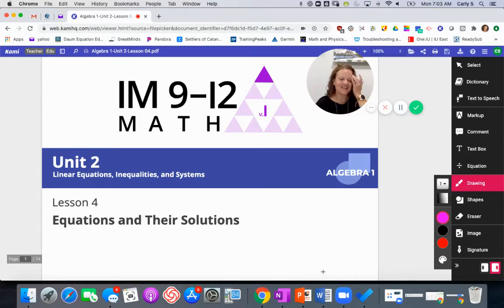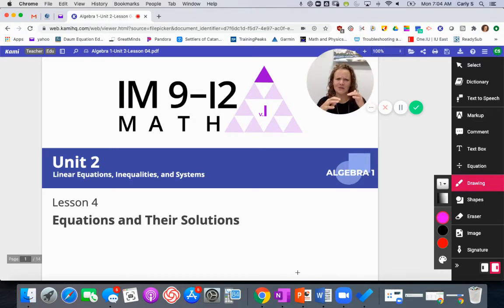Hey, we are in Unit 2, Lesson 4. We're still learning about linear equations. We haven't gotten into inequalities or systems yet, but now we're talking about equations and their solutions and what that means. In pre-algebra, you would have learned that a solution to an equation is a value or values that make the equation true.